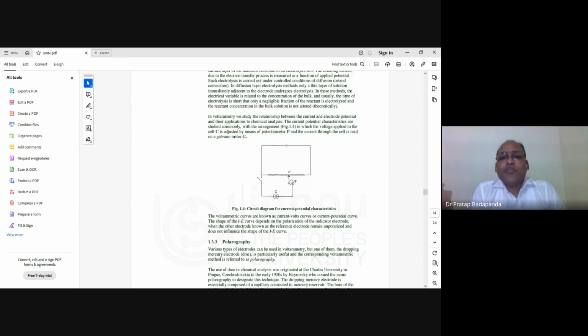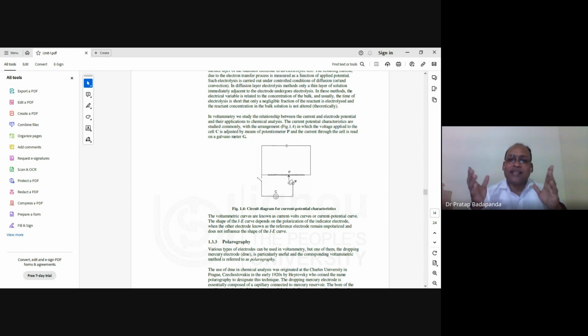So in voltammetry, we study the relationship between the current and electrode potential and their application to chemical analysis. Voltammetry means you have to understand the relationship between current and electrode.